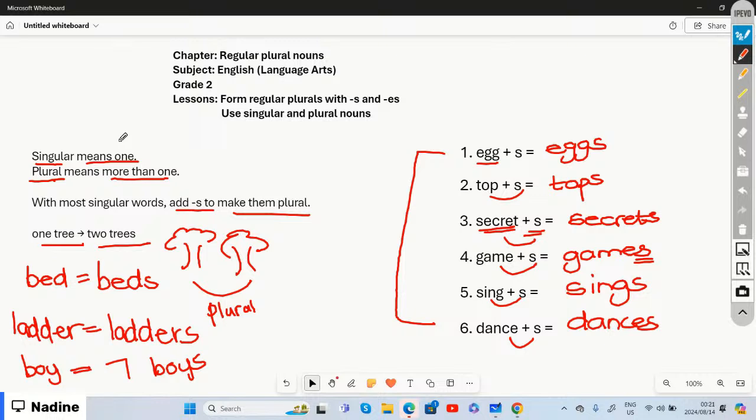And plural means more than one. When a noun is singular, referring to one, once we add an S or ES to that word, we make it plural. Now it shows that there's more than one.